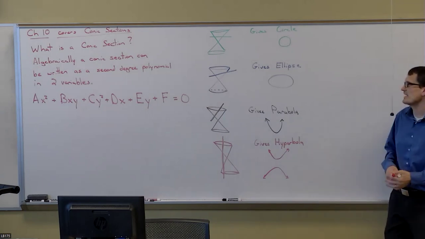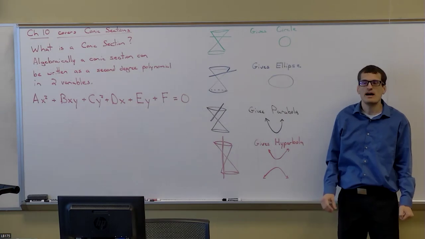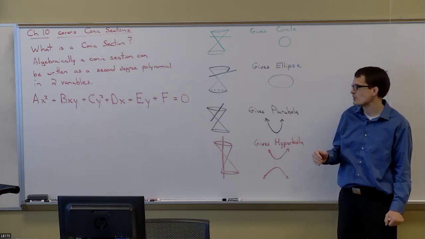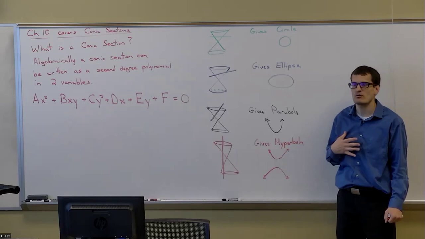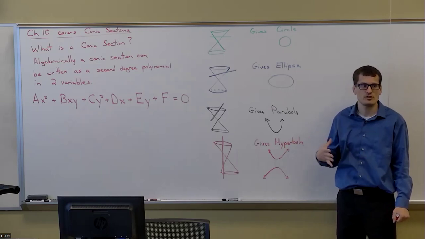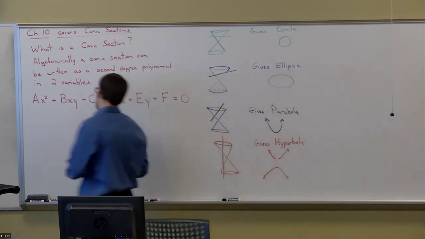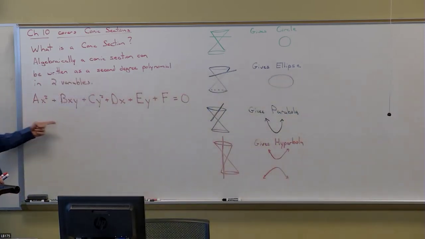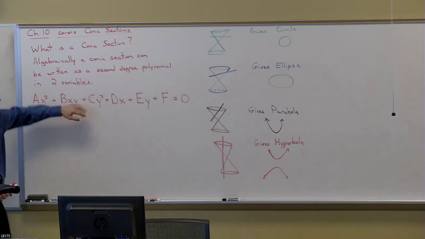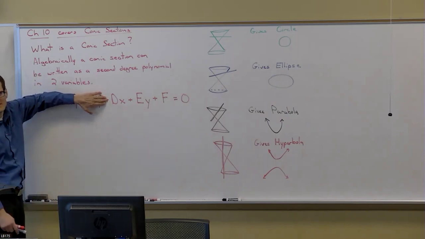So geometrically, all of these intersections are going to look like that. Now, like I said earlier, we are going to, in our class, ignore the trivial ones. The trivial ones are where we have a point or a line or 2 lines. And the trivial ones algebraically are going to have 0 for A, B, and C. And so it's just going to be like a line. Does that make sense?